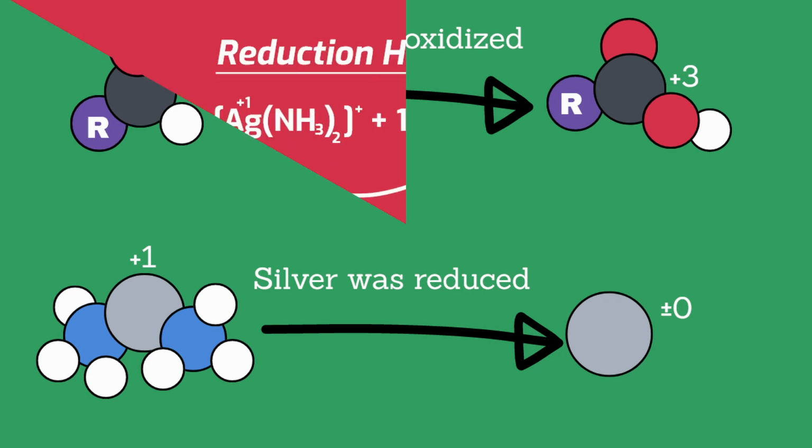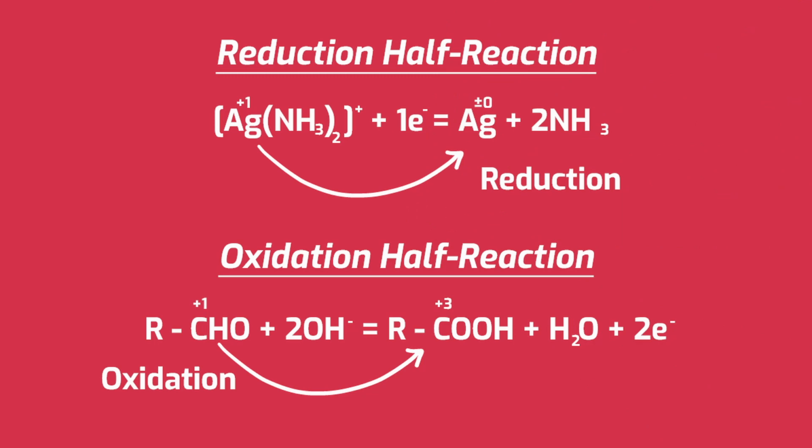Now the reduction half reaction is this. We have one electron to neutralize it, and the products will be Ag plus 2NH3. And the oxidation part, as you can see, carbon is getting oxidized from +1 to +3, so we mark that.